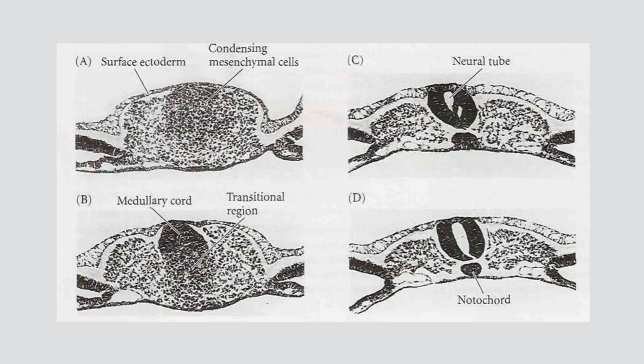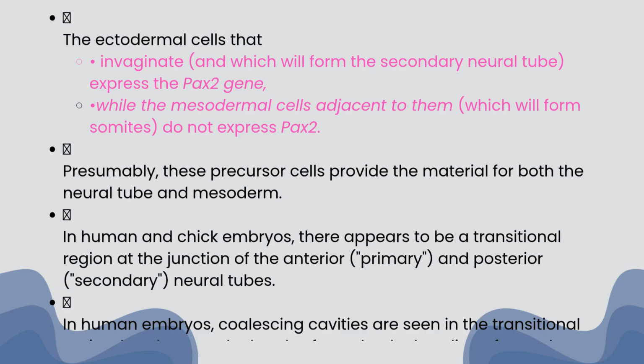This shows the surface ectoderm, and below that you can see the condensing mesenchymal cells, which then form a medullary cord. There is a transition region between the anterior and posterior, and it forms a groove and neural tube formation, and below is the notochord. It is the material for both the neural tube and mesoderm.